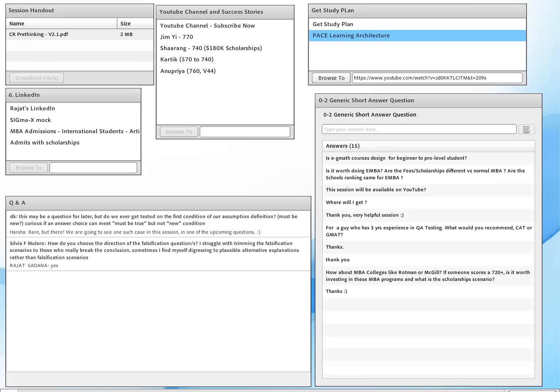Is it worth doing an EMBA? If you're asking that question, and again, if you're in India, that's very different. In the US, most people don't ask this question. Why? Because in the US, people who do an EMBA are folks who are already at a fairly high position in their organization, and they understand that there are certain skills they need to build, and an EMBA provides those skills.